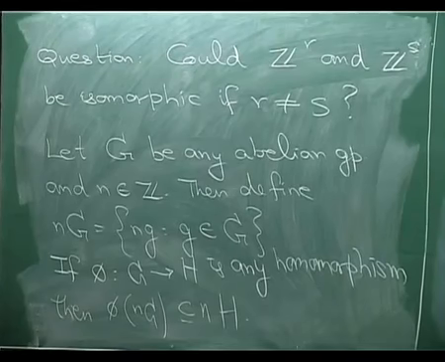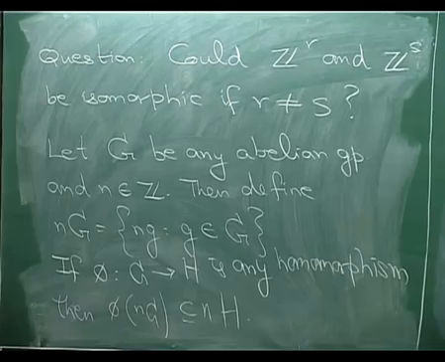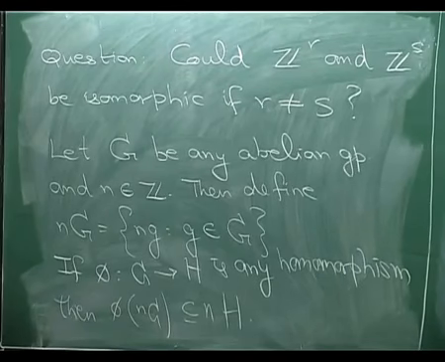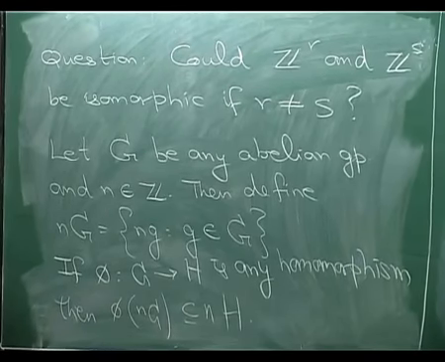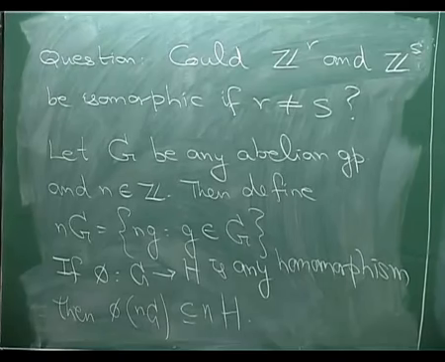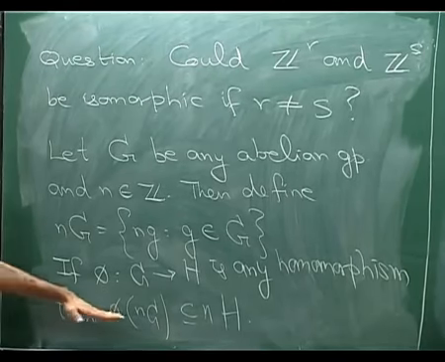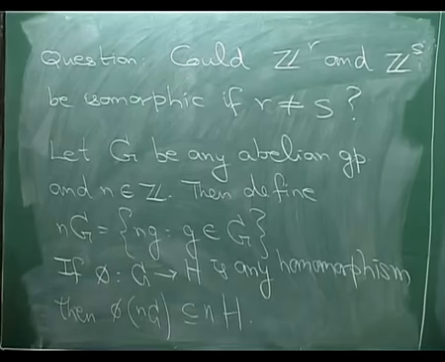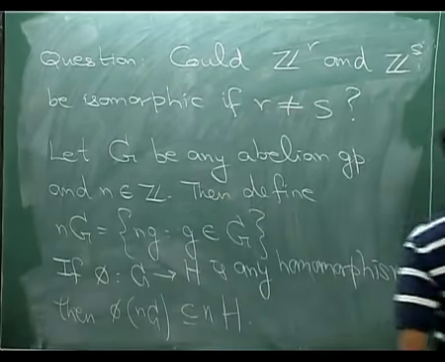An nth power of an element will always go to an nth power. If x is y to the power n, then phi of x is phi of y to the power n. So an nth power will always go to an nth power. That's all I am saying. It's simple but important. So nG goes to nH. So now let us come back to this thing and see.